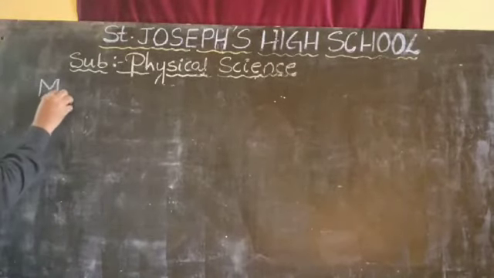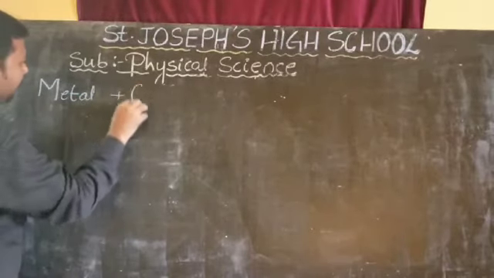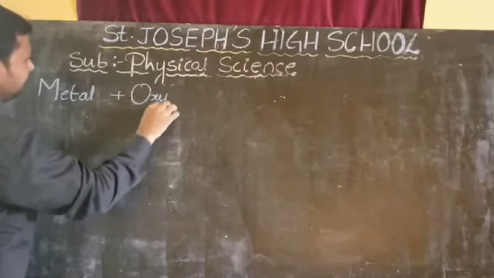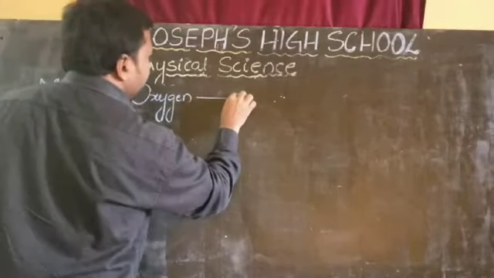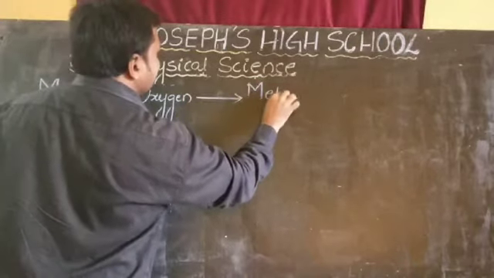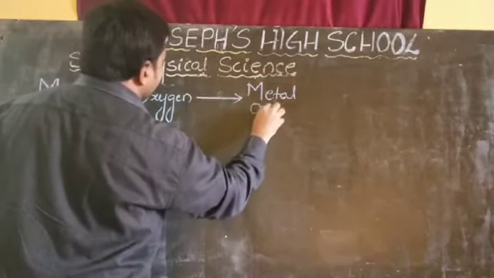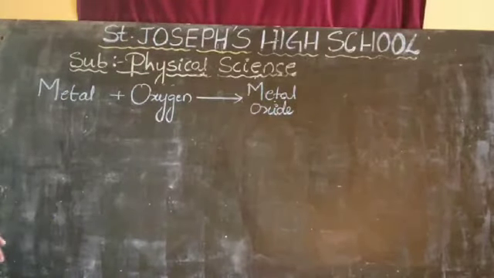Metal reacts with oxygen and gives rise to metal oxide. Is it clear, children?